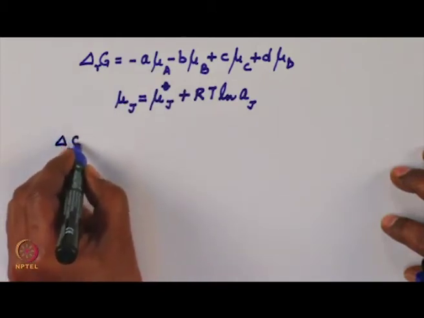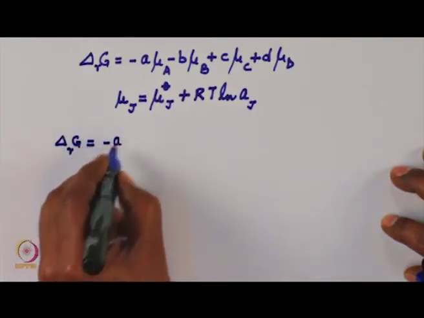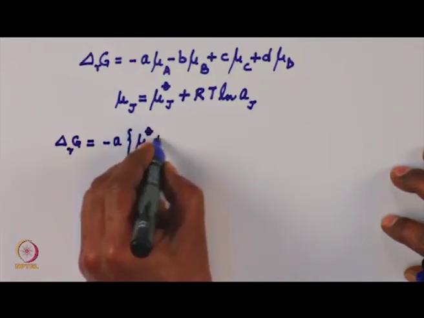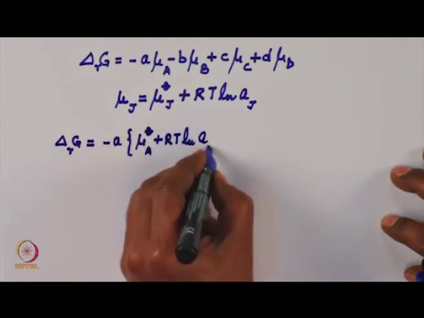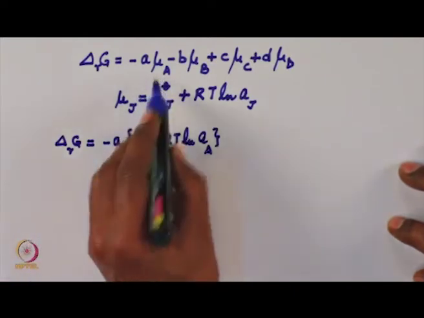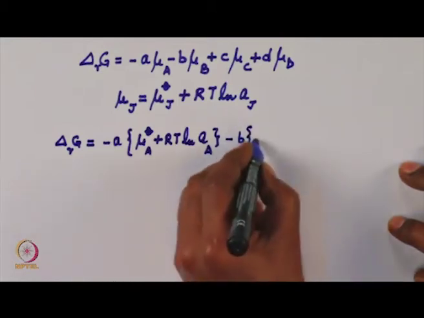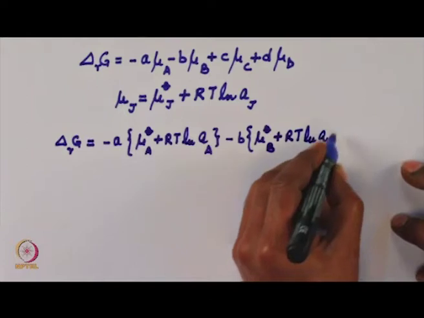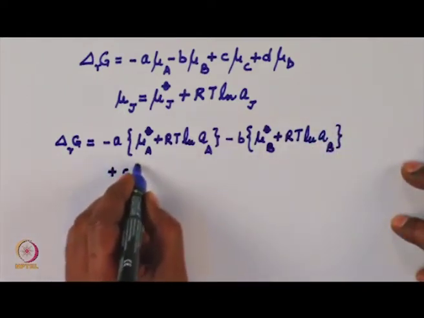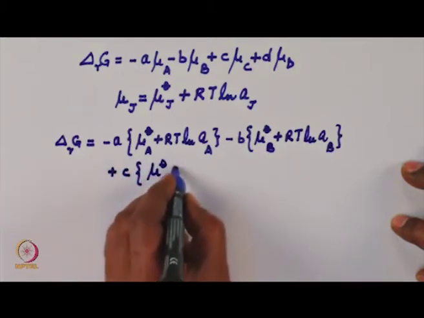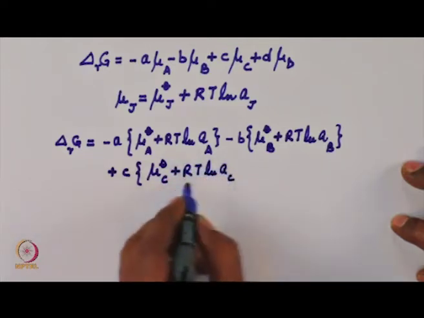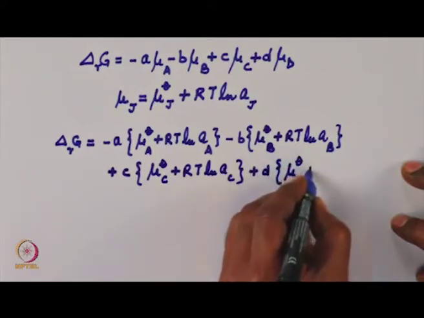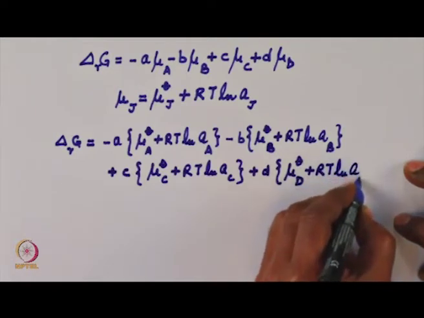We will come up with this equation: delta R G is equal to minus a into mu A naught plus RT log activity of A. This is for minus a times mu A. Then minus b, inside I will have mu B naught plus RT log activity of B, then plus c times mu C naught plus RT log activity of C, plus d times mu D naught plus RT log activity of D.